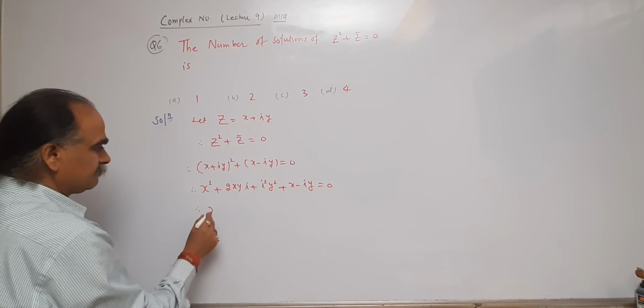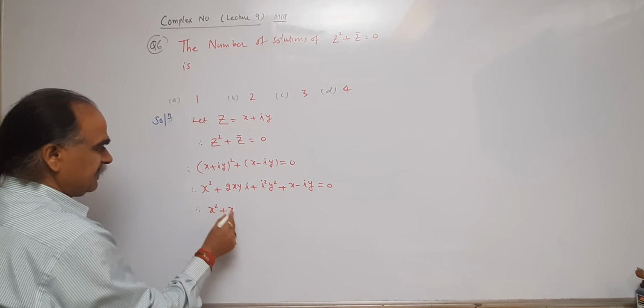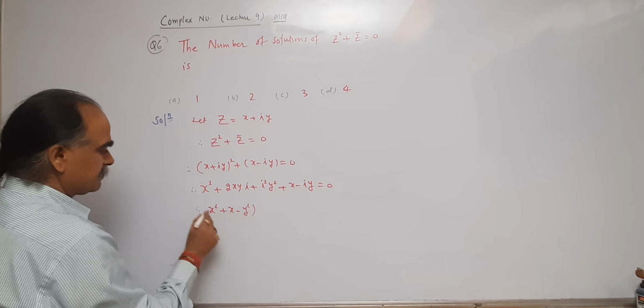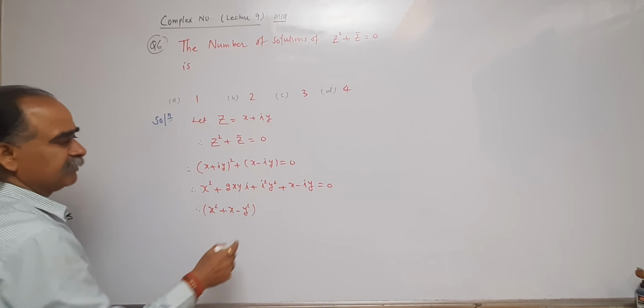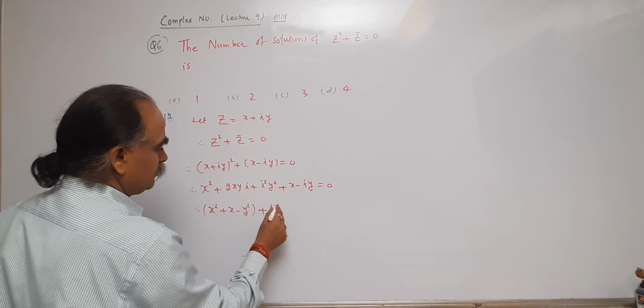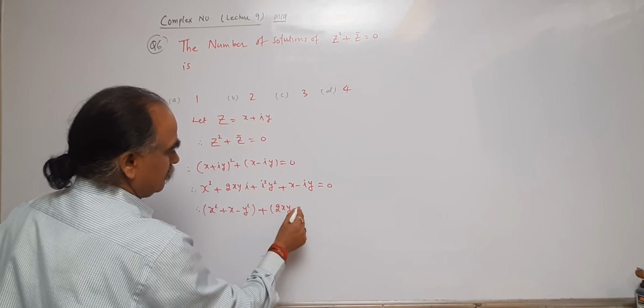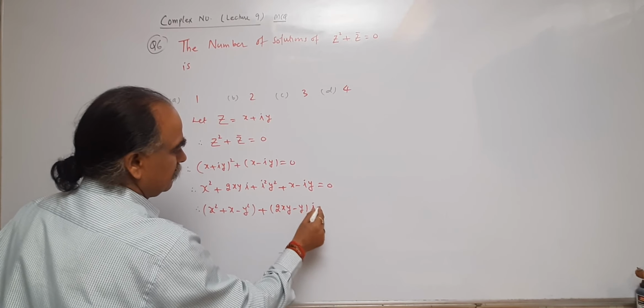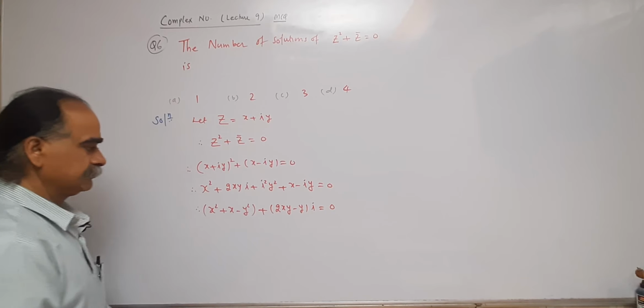So x square plus x minus y square, because i square is minus 1, plus (2xy minus y)i is equal to 0.